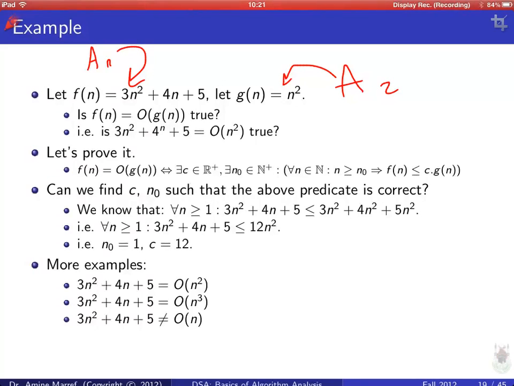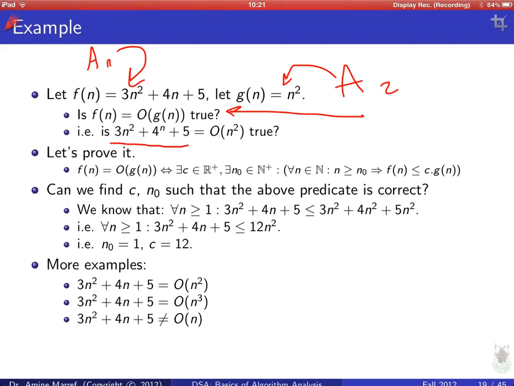Now I am at the stage where I have shown that this is less than or equal to this. I can take n squared as a common factor and add up all these terms together, and I get 12n squared. 5 and 4 and 3 gives me 12.